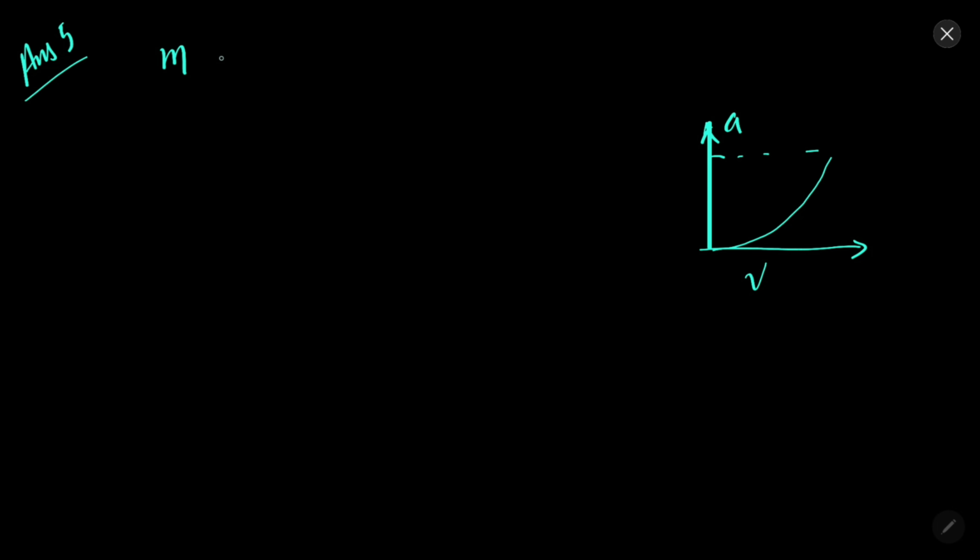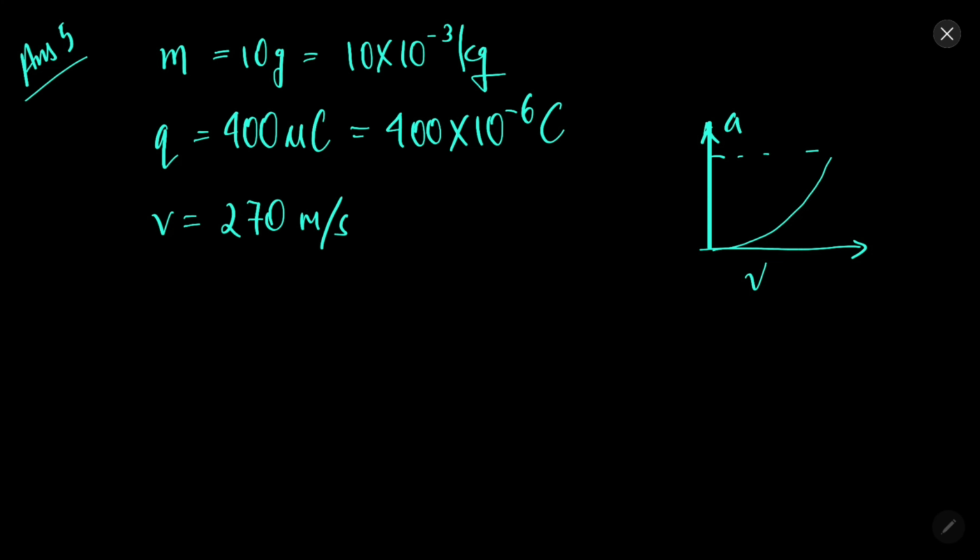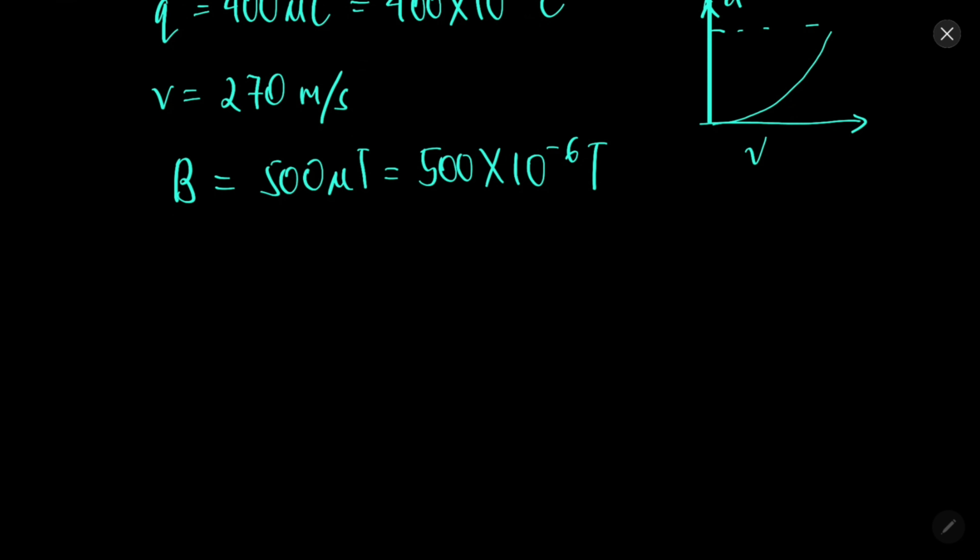So mass is given 10 gram, Q is 4 microcoulomb, so 4 into 10 to the power minus 6 coulomb. Velocity 270 meter per second. Magnetic field 500 microtesla, or 500 into 10 to the power minus 6 Tesla.